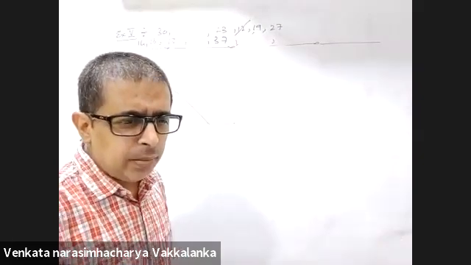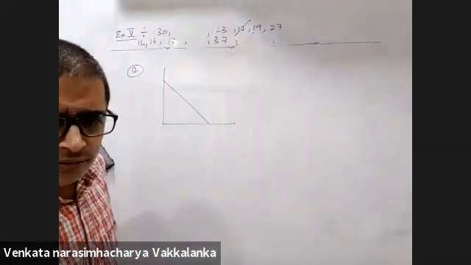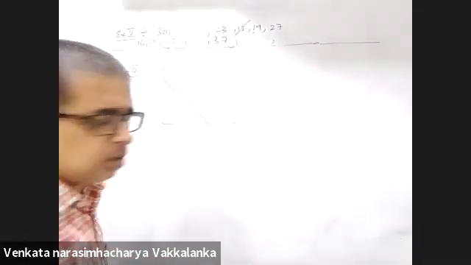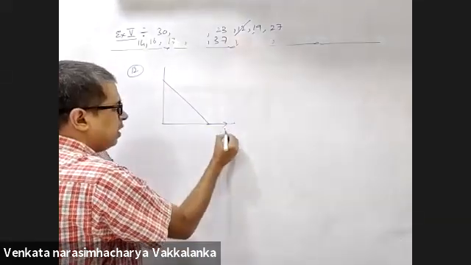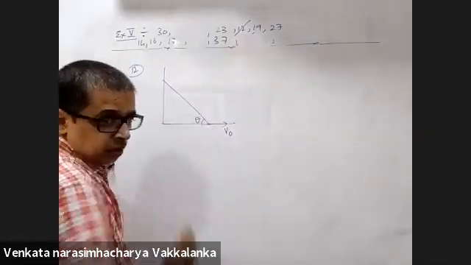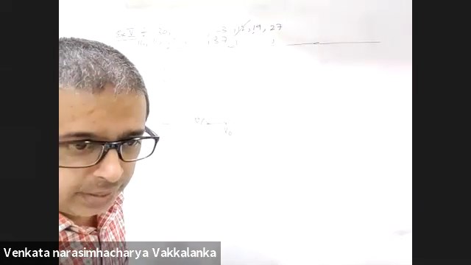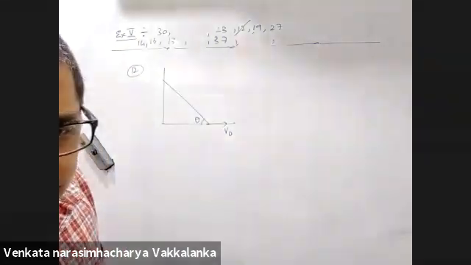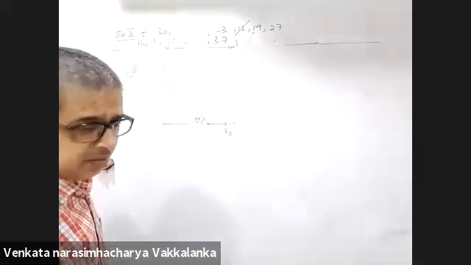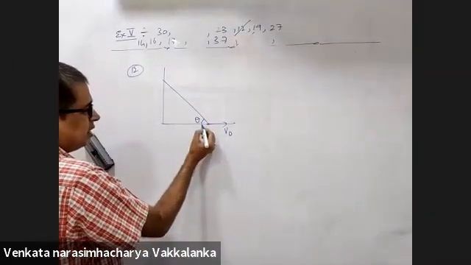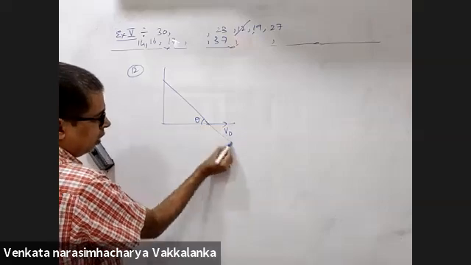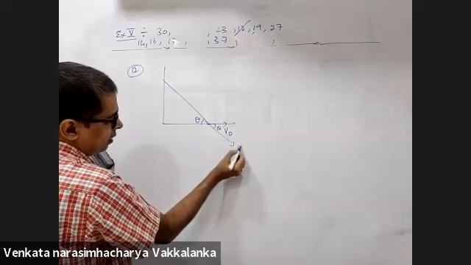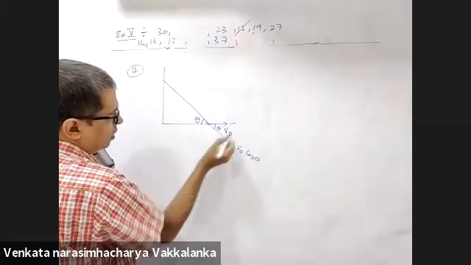Rod AB of length L, which makes an angle theta with the floor, is being pulled with a velocity V naught, as shown. Calculate the following at the instant when theta is 37 degrees. Velocity of A. When theta is 37 degrees, this is V naught, this will be theta, this will be V naught cos theta.